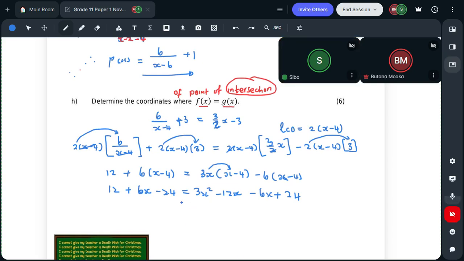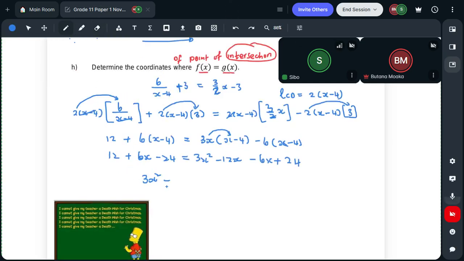Yes. Let's put everything on one side. 3x squared comes first. Therefore, minus 12x. So it's going to be 3x squared minus 12x, and then minus 6x.